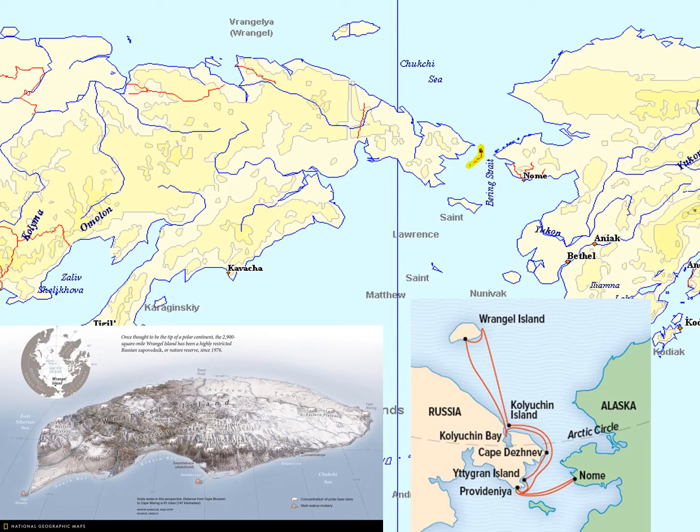Now, the context of the Canadian claim against Wrangel Island, which you can see in the top center of the screen, with a detail at the bottom left and its relative position in the bottom right, was that there was a revolution in Russia, and during and after the First World War, there were military interventions. Japan sent tens of thousands of soldiers into Siberia to occupy Russian territory up to Lake Baikal.